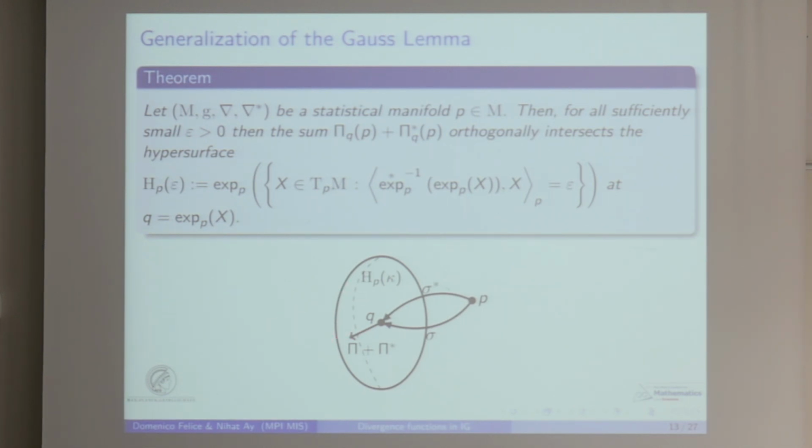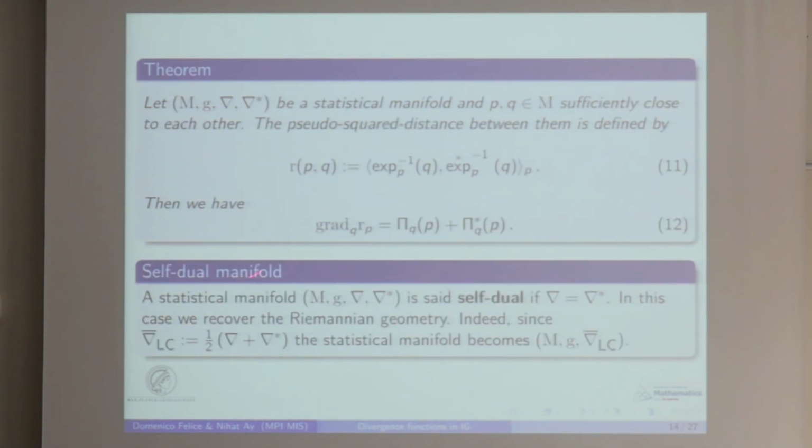The consequence of this result is stated by this theorem. If you define this, which is another modification of the square of the Riemannian distance, for p and q sufficiently close to each other, you define this function that we have called the pseudo-square distance, and you get that the gradient of this function is given by the sum of pi and pi star.